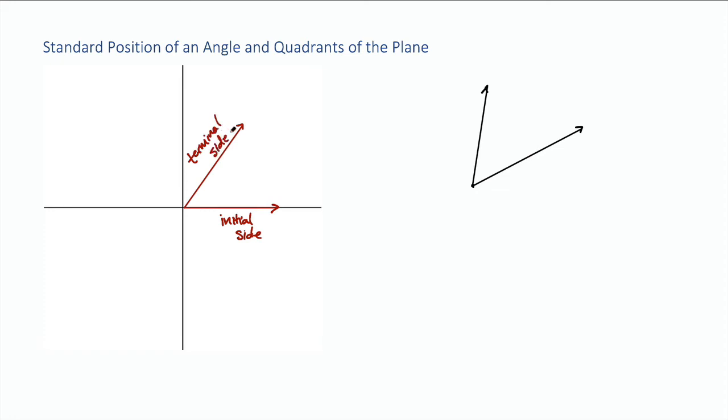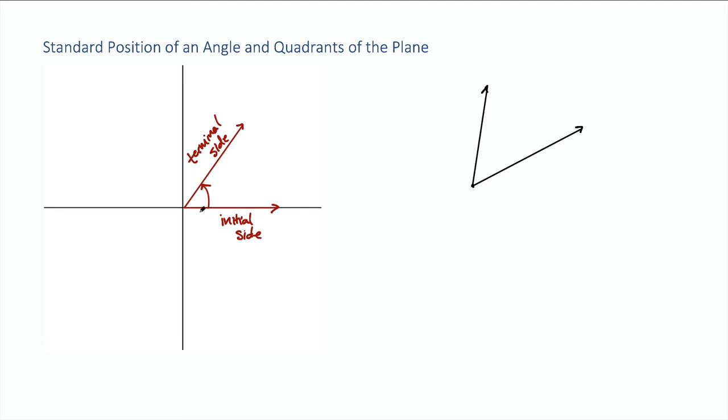As we think about this angle, we think about it sweeping out. It starts out here, that's the initial side, and it terminates here, at the terminal side. So this is the standard position of an angle.